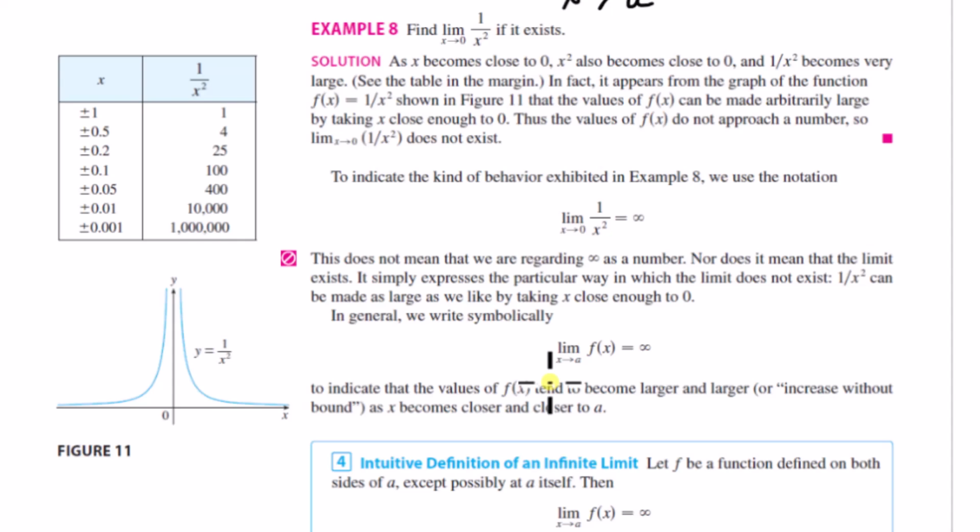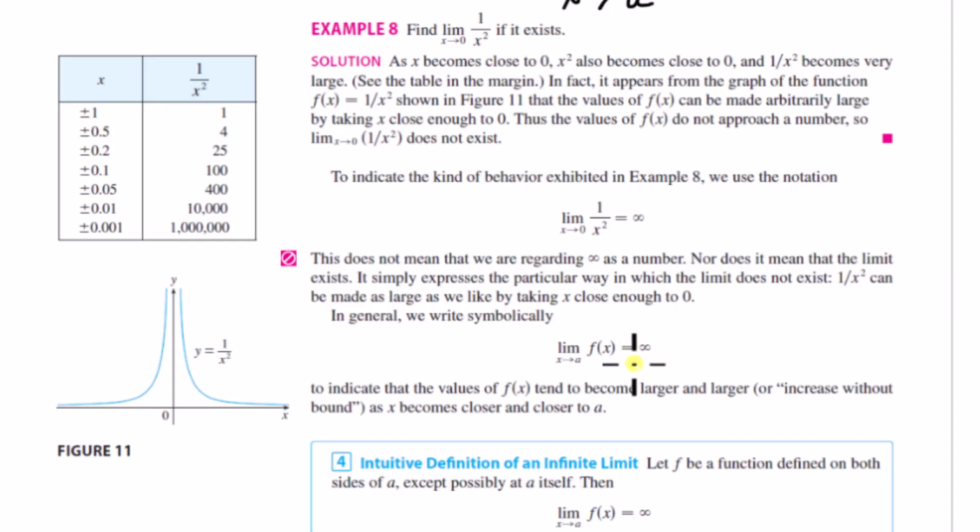Certain limits don't exist in a unique way, the unique way being that the outputs are ballooning to either arbitrarily large numbers of positive magnitude or arbitrarily large numbers of negative magnitude. So we indicate this using the infinity symbol, right?